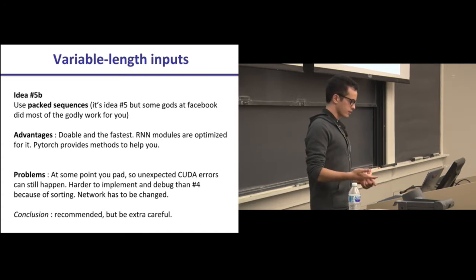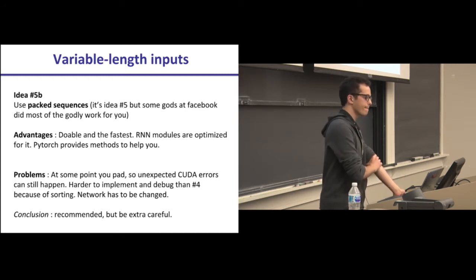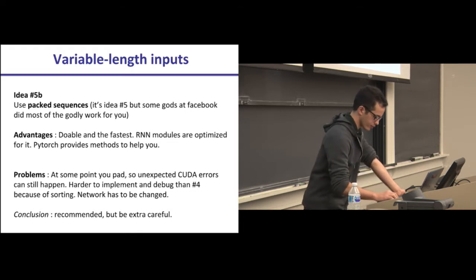So you have to sort that, and you have to remember that you sorted, and it's not so easy. But if you are careful, that's probably the best method. So in the end, when you're sure your model actually works and you've done batch size 1 and everything, try to implement that.